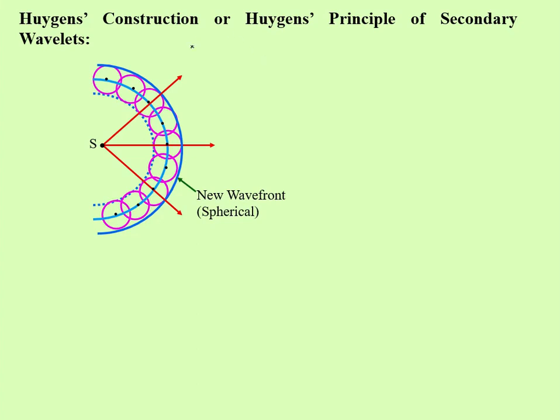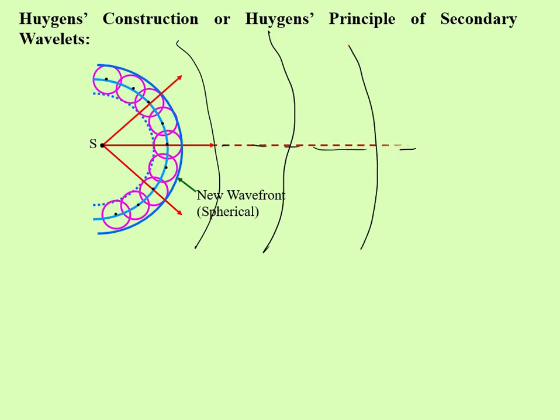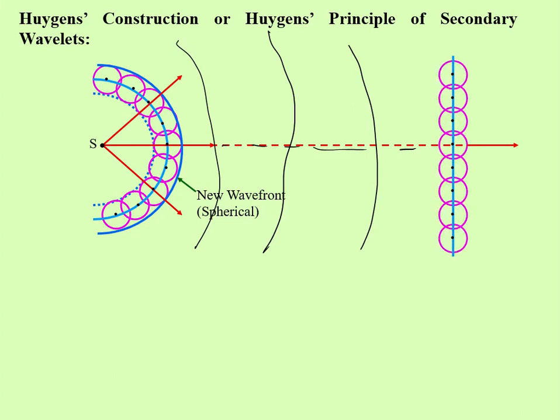As they spread out in nature, their curvature decreases, and after a long distance, they almost appear flat. They almost become parallel wavefronts. Here also the same theory can be applied. They act as secondary sources of new spherical wavefront. Backward are eliminated.